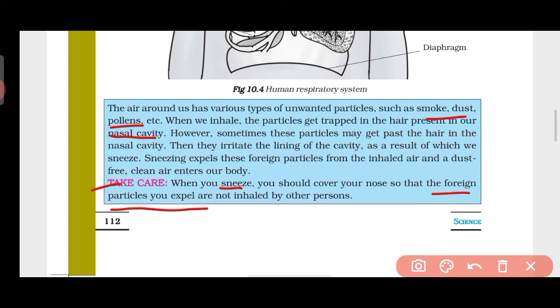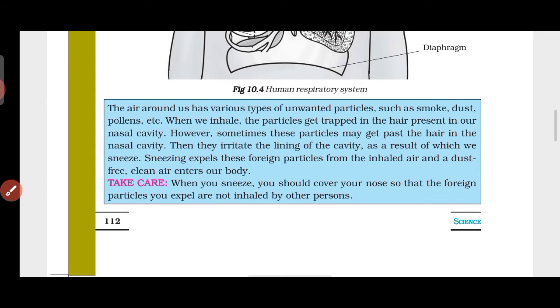So we should cover our nose, and by doing so we are not allowing solid particles to go once again in the air. And right now you all know that in the time of COVID-19, it is a must to cover our nose while sneezing.